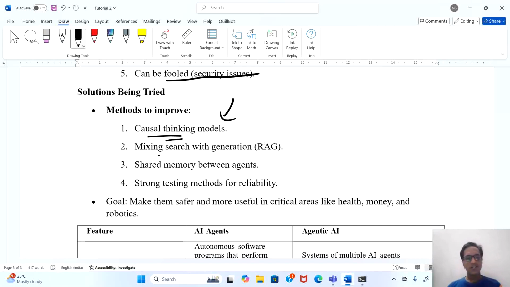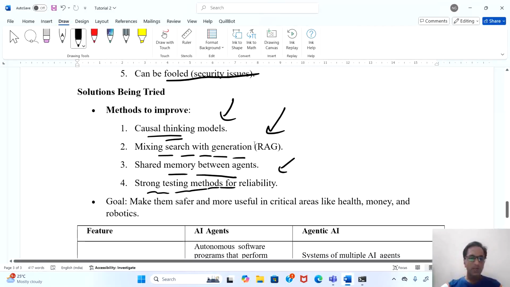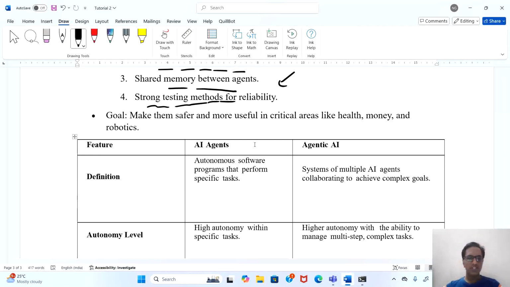Mixed search algorithms like RAG, retrieval augmented generation, might be used. Shared memory between the agents can be used, and strong testing methods for reliability to see whether the agentic AI is working well or not. Ultimately the goal is to make them safe and more useful in critical areas like health, money, and robotics. That's what we want.